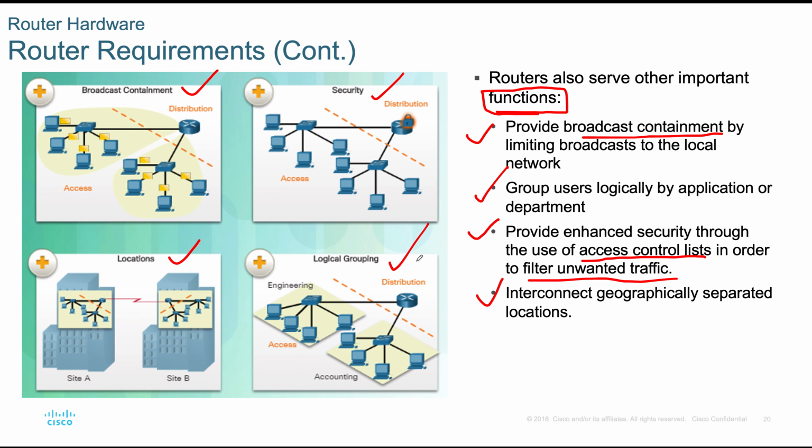Now, the functionality of a router is not only limited to the functions I've just described. Let's take a look at some of the critical functions that I have not mentioned. One of them is broadcast containment. The router provides broadcast containment by limiting the broadcast to the local network.